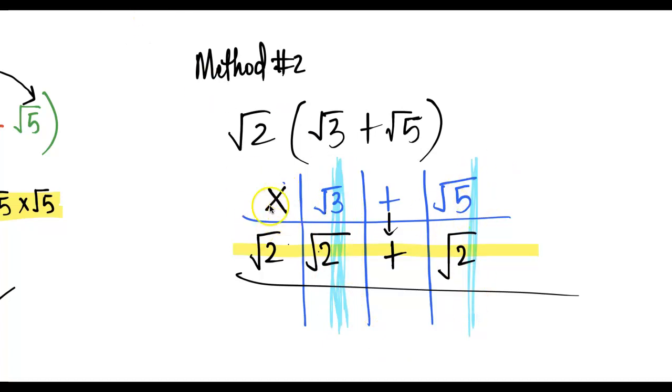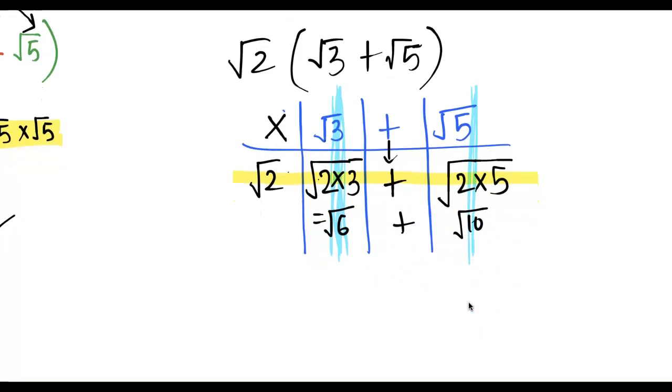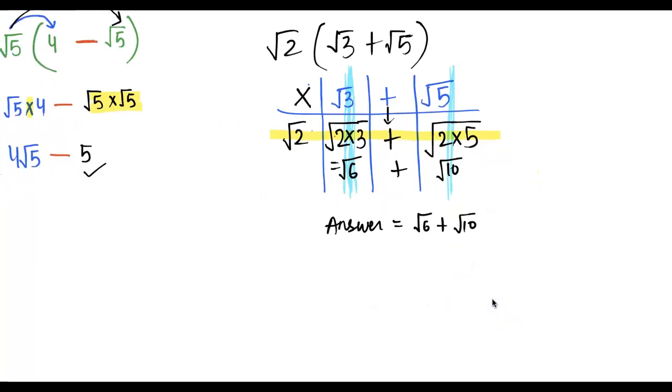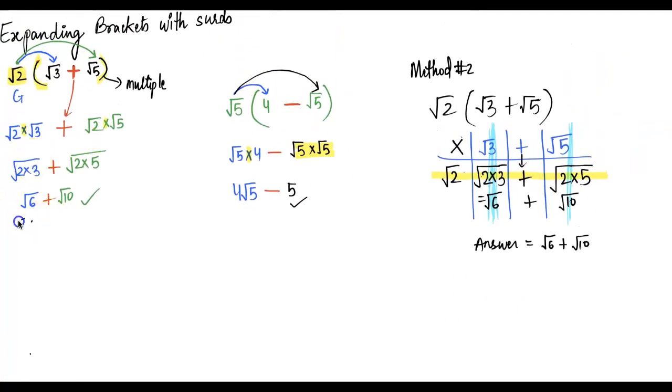Because it is a multiplication operator, we multiply, and it would be 3 and 5 under the root, because we know multiplication can be done under the root. So finally we get root 6 plus root 10. And I guess this was the same answer as before. See, root 6 plus root 10 there as well.